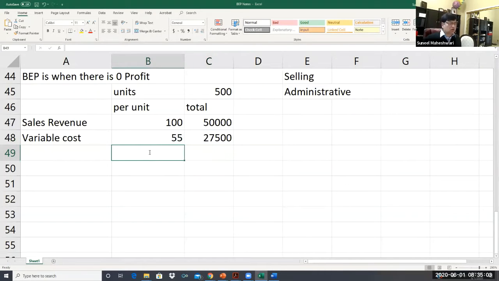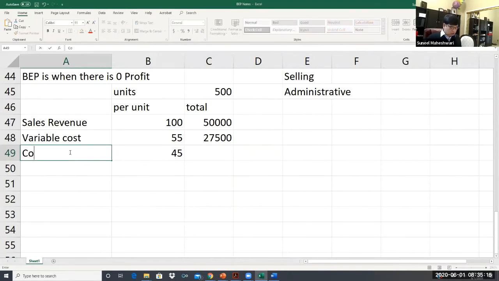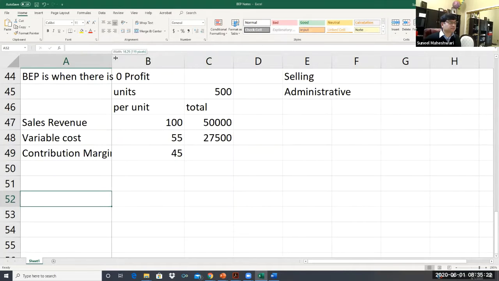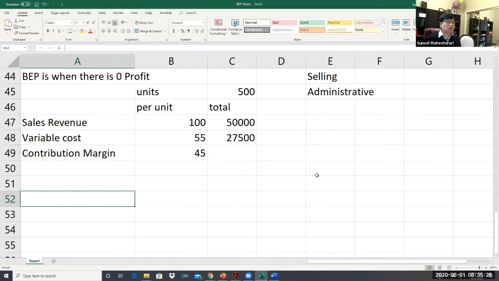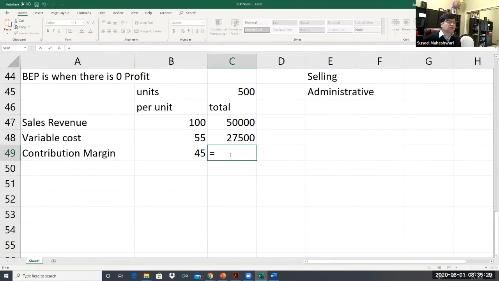Sales revenue minus your variable cost is what we call the contribution margin. So my total contribution margin obviously is 45 times 500. Any questions until now, please?